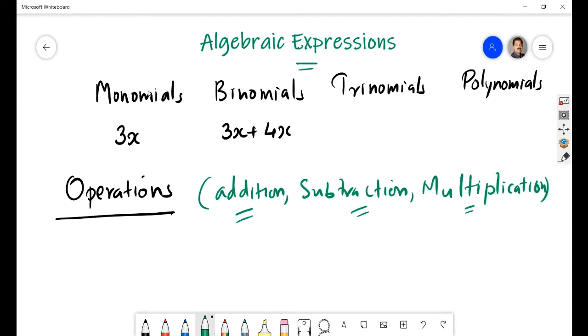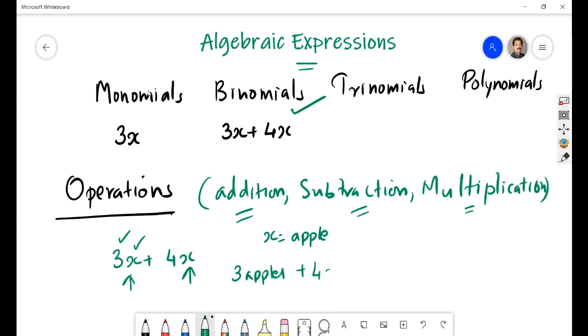Whenever we are trying to add algebraic expressions, let us take this case itself, 3x plus 4x. We are familiar with the concept of coefficient and variable here. If the variable is the same, if x is apple, there is no problem in adding 3 apples with 4 apples, right?